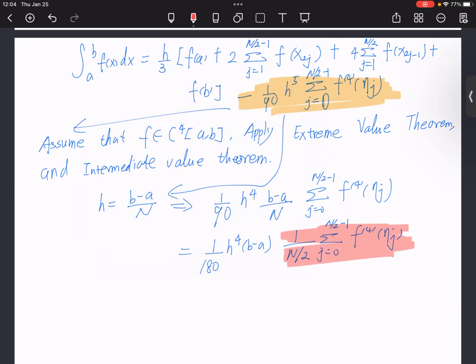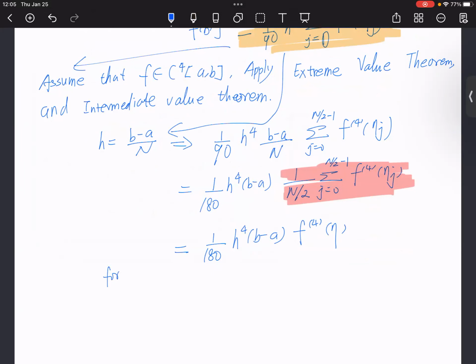So now you apply the same things here, extreme value theorem and the intermediate value theorem, and then you would get a common eta for this term. I skip the details in between, but if you apply these two theorems to that average, then we get a common eta here, for some eta in the interval, to represent the error term.